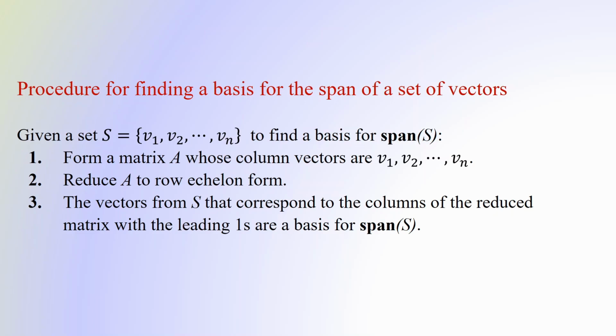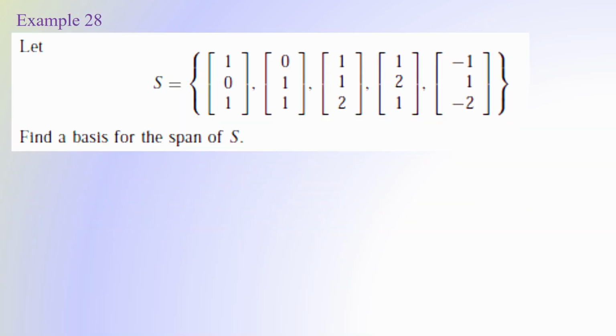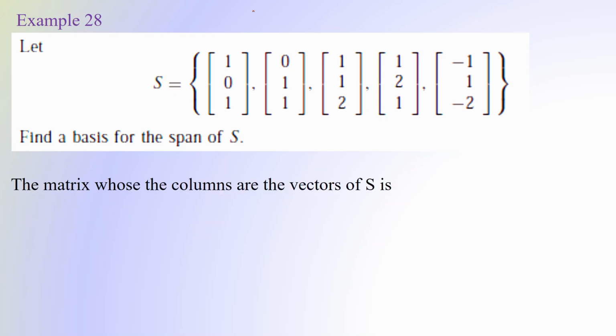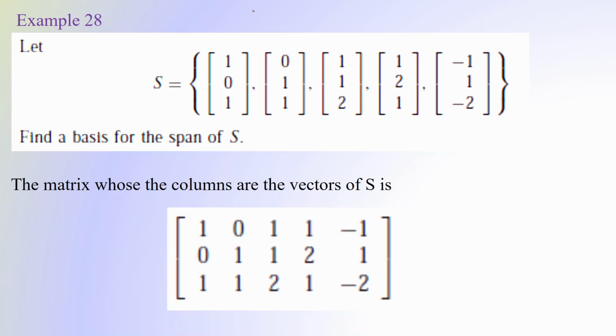Maybe we can see one more example to understand it very clearly. Suppose we are given a set S, and we want to find the basis for the span of S. So we assemble the vectors of S as columns in a matrix. You can see here the first column, second column, third column, fourth column, and fifth column.